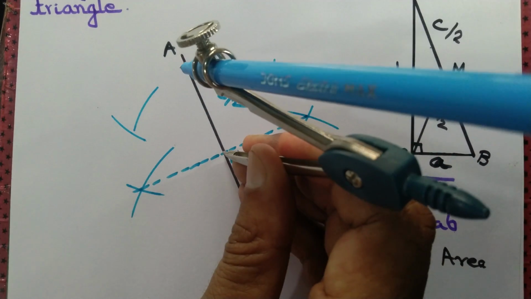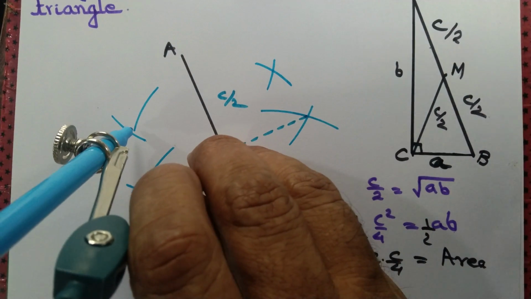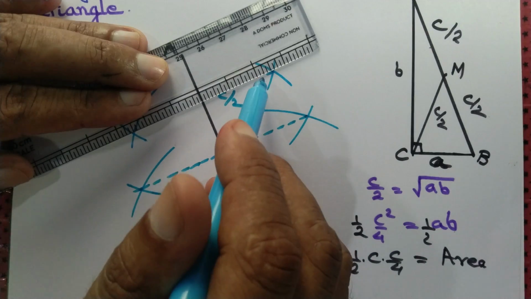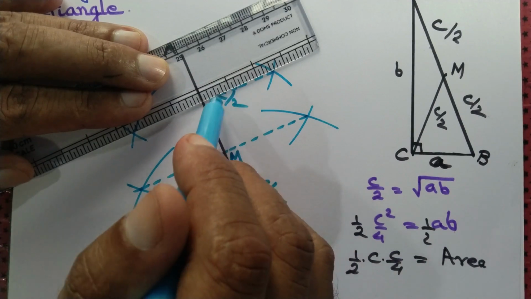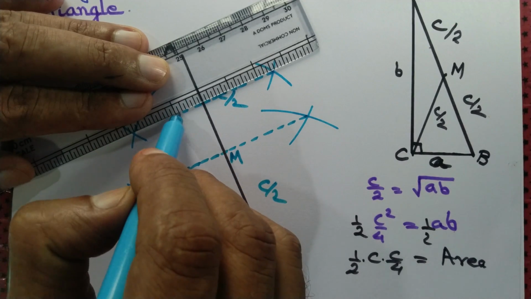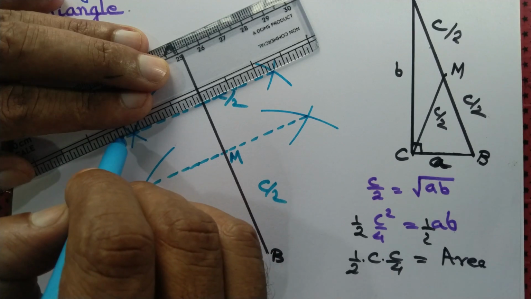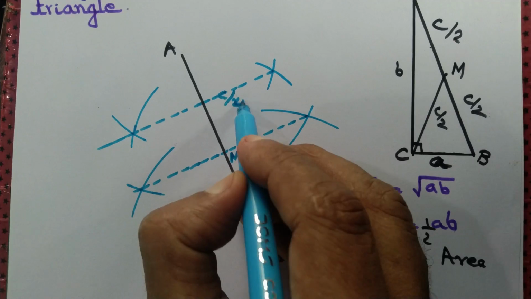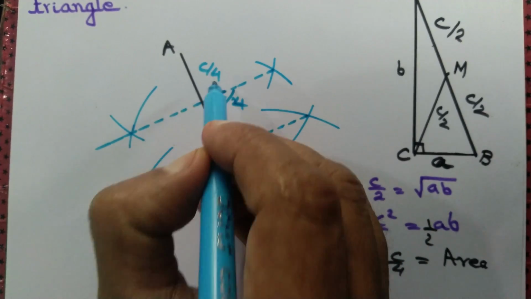If they don't, then simply draw a bigger circular arc. And they do intersect. Once again, join the intersection points, and you get C by 4 unit.